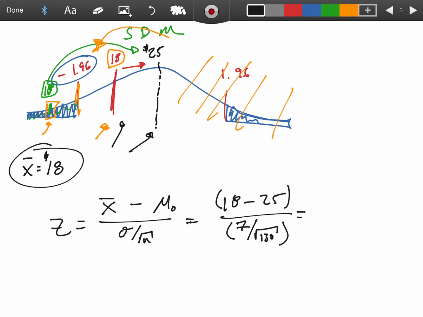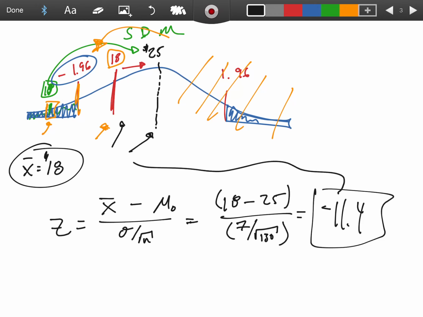So I'm going to do 18 minus 25, quantity, divided by quantity, 7 divided by the square root of 130, and I get a z-score of minus 11.4. Huge, huge z-score. That's funny, right?